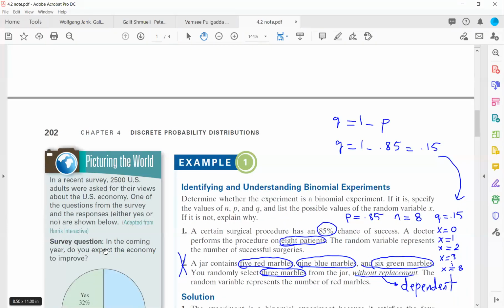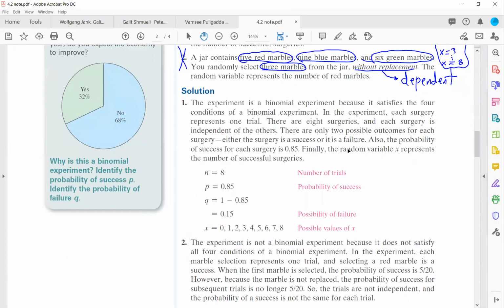We are listing all the possibilities for our X. X can be 0, no success in the surgery. X can be 1, it means that 1 surgery was successful, one patient, or 2 of them, or all the way to 8, right? Yes, very good. Perfect, all of the patients had successful surgery.